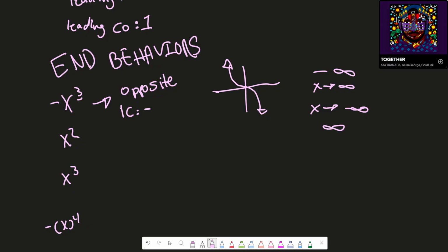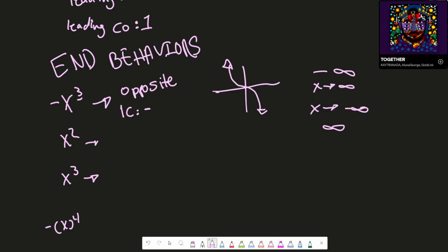So just keep it in mind that when you see an odd degree, you go to the opposite ending. And then when you see a negative, when you're approaching positive infinity, you're always going to have that ending of negative infinity. And let's test that out here with... Let's actually test that out later.